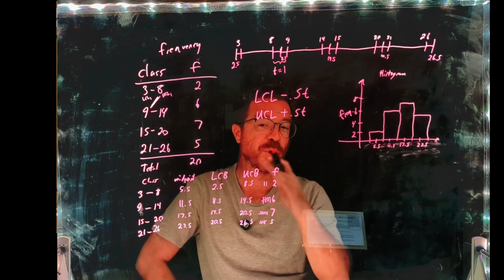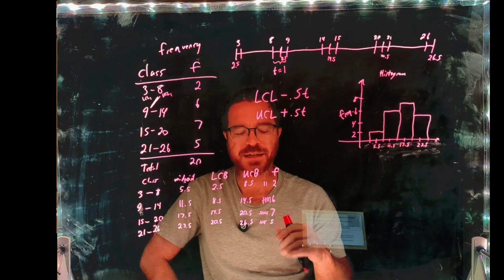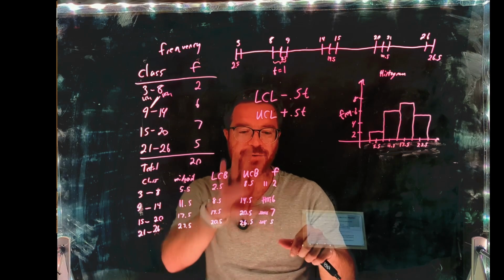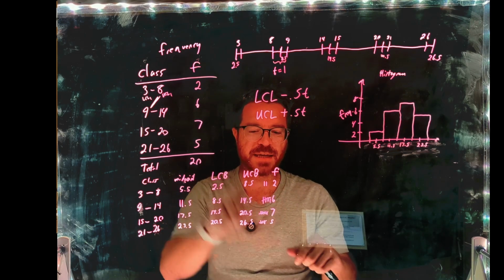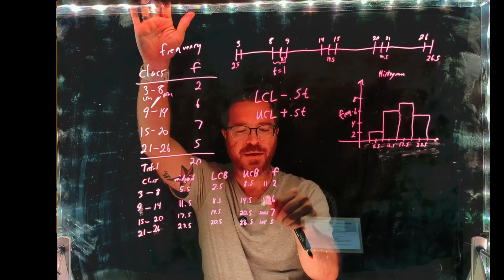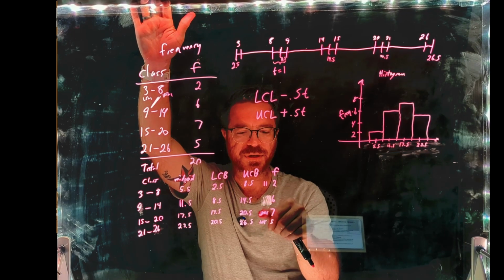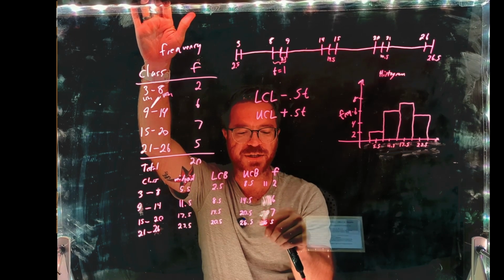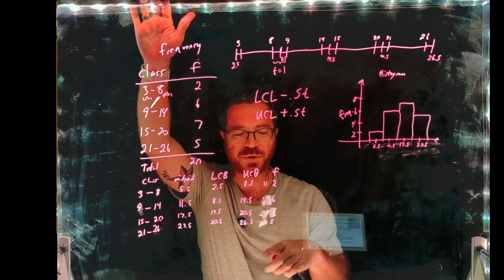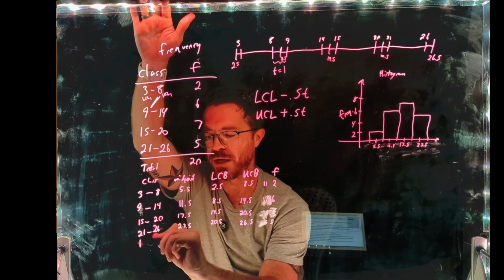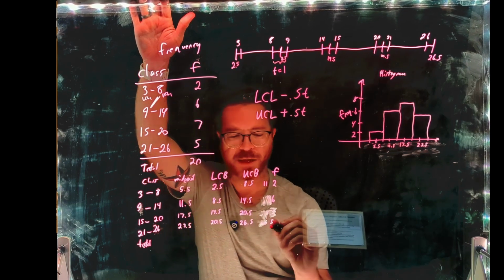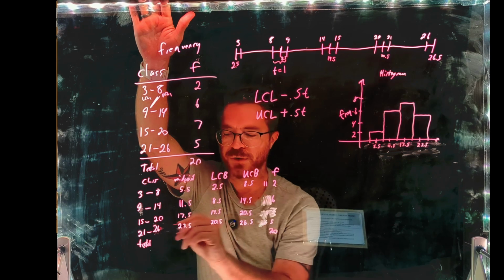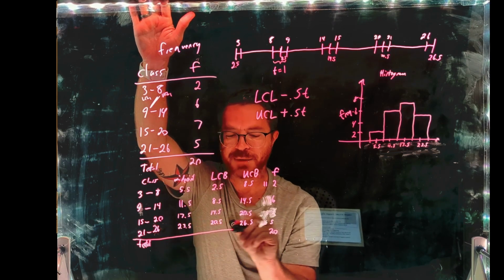Now, a lot of times if you have a partially filled out table, you might find something like this. You might have the table where you've got your 2, 6, and let's say 5. But we're also going to include the total. So we have a total of 20. Your frequencies have to add up to this total.